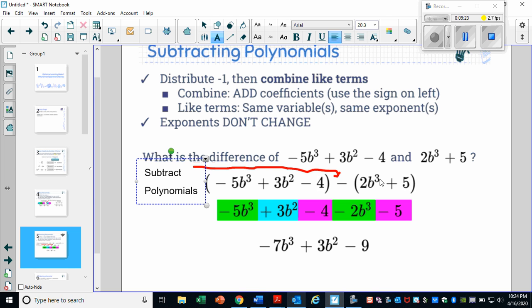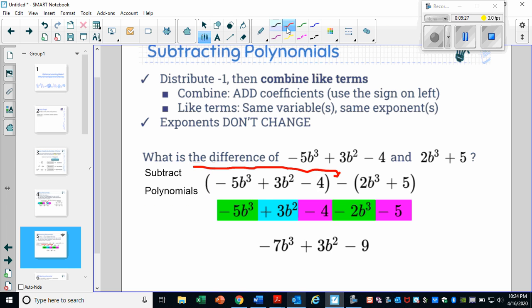That means you're subtracting. And in this case, do not forget, this is a negative 1. So you need to distribute this negative 1 to both 2b to the third and the positive 5. That's why we wind up with a negative 2b to the third and a negative 5.